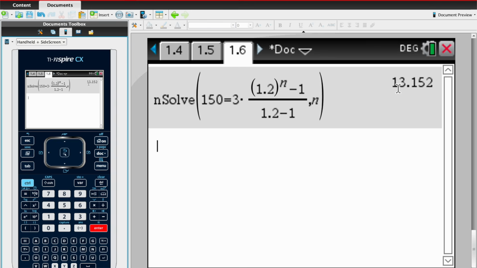So in the 13th week, or just after the 13th week, he runs a total distance of 150. Similar logic to the previous question, it's not until the 14th week that the total distance that he runs exceeds 150 kilometers. So in this case, we'll write 14 as our answer, the 14th week.